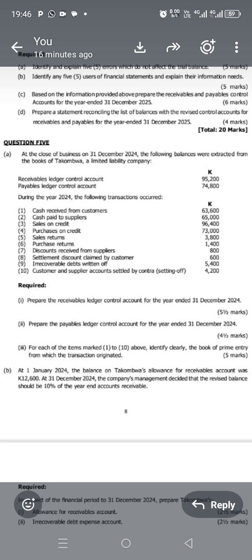Then that person is also a supplier to me, and I also owe him 100 kwacha. So what is going to happen? Are we going to say, no, you send me 100 kwacha, I also send you the 100? We are not going to do that.